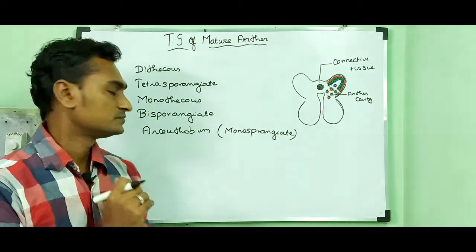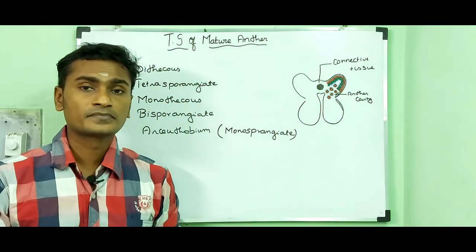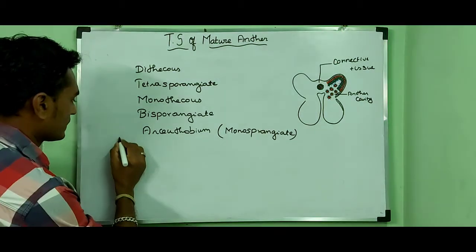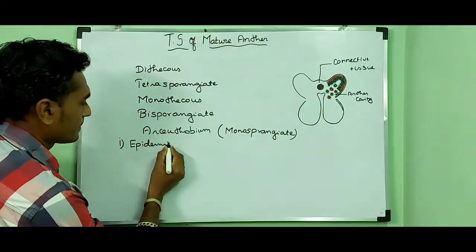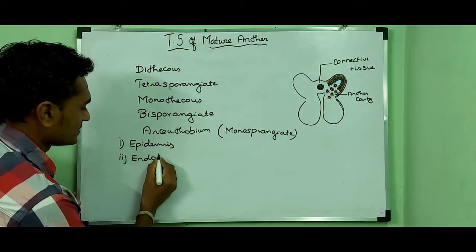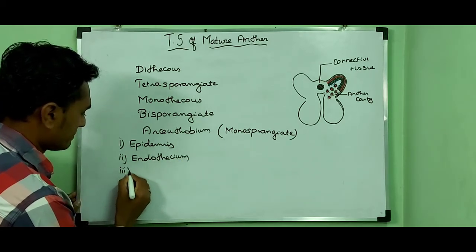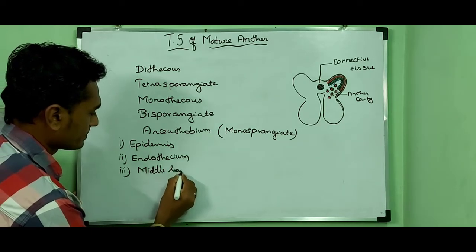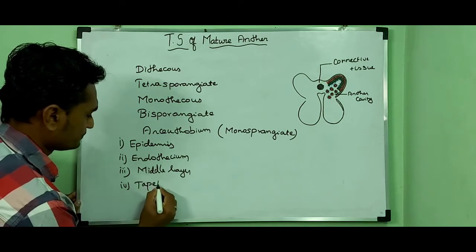Then this anther cavity is surrounded by the anther walls. They are epidermis, endothelium, middle layer, finally tapetum.